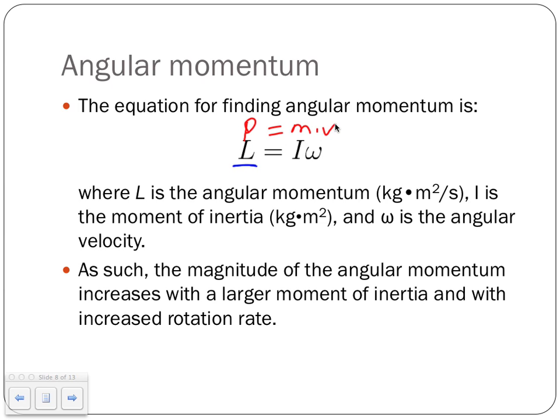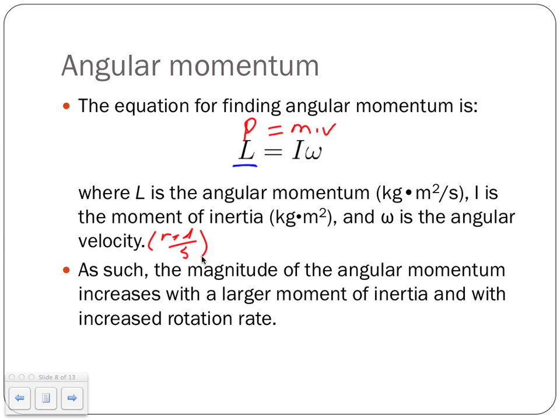Sure enough, what's the analog of mass? Moment of inertia. What's the analog of velocity? Angular velocity omega. So these two look very similar again. L is the angular momentum, in kilogram meter squared per second. I is the moment of inertia in kilogram meter squared, and omega is the angular velocity, in radians per second. Forgot to put that in there.